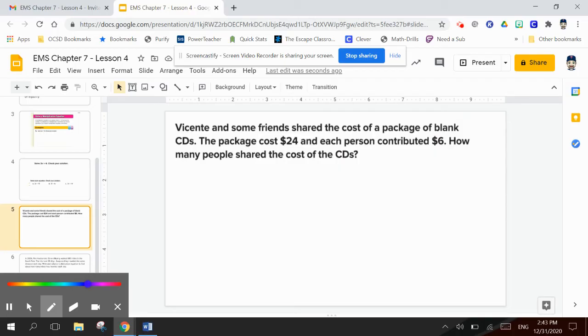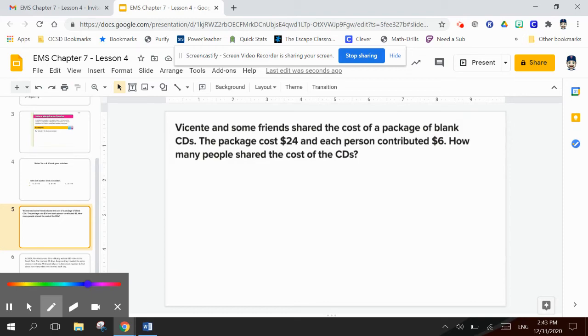So when we look at writing an equation for multiplication, we're going to read through and underline some things so we know what we're looking for to help us solve it. It says Vincent and some friends shared the cost of a package of blank CDs. The package cost $24 and each person contributed $6. How many people shared the cost of the CDs?